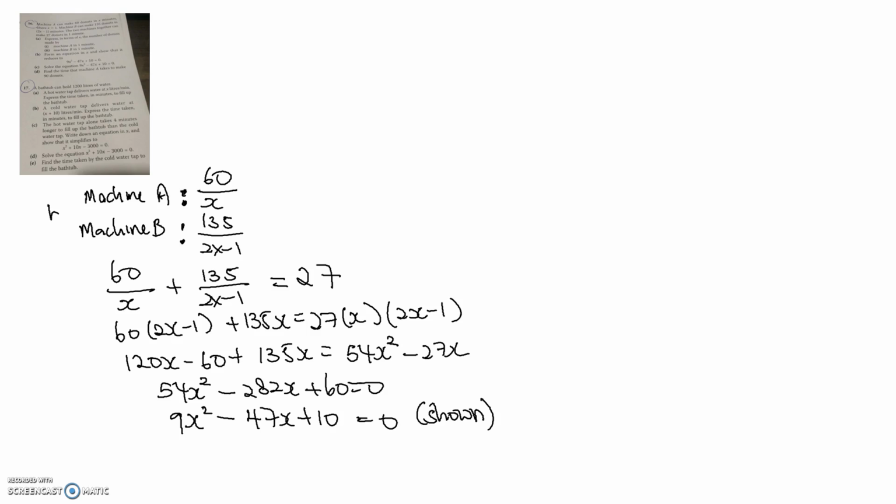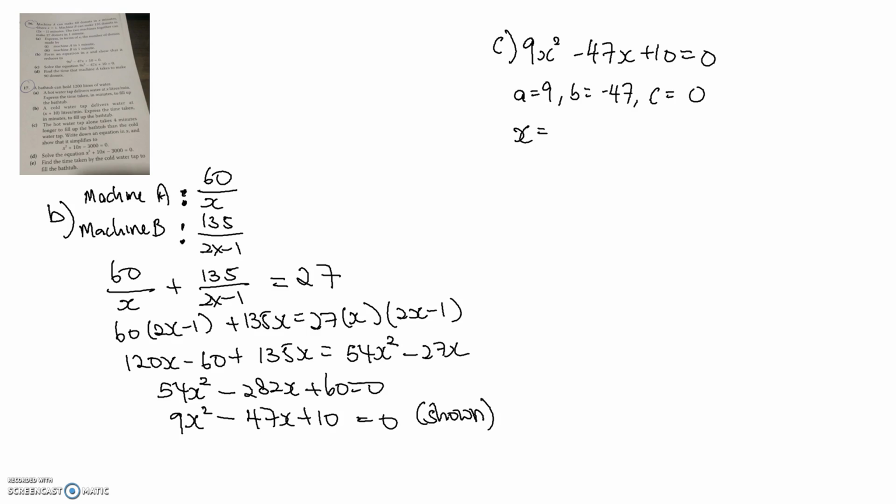Okay, question C, very quickly, they ask you to solve the equation that you have just shown. 9x squared minus 47x plus 10 equals 0. There is no straightforward way we can do this. Okay, so let's say A equals 9, B equals minus 47, C equals 10. We're going to use the b squared minus 4ac method.